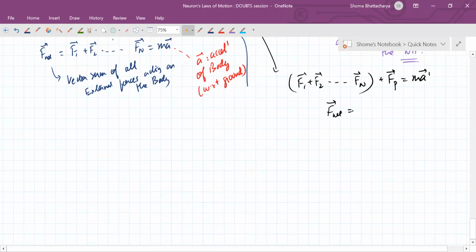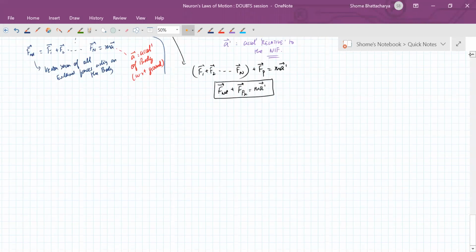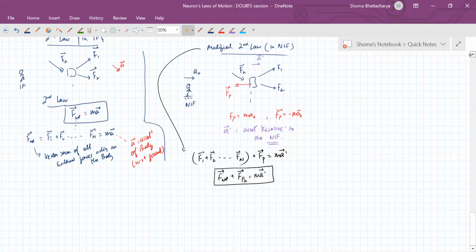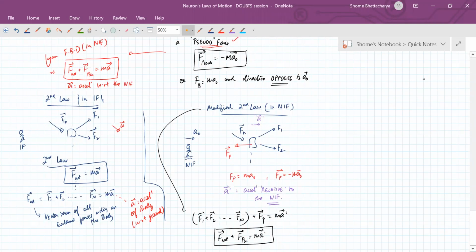So the net force plus the pseudo force is equal to m into a prime. This is the modified form of Newton's second law. So Archit and Shikhar, is this clear now?